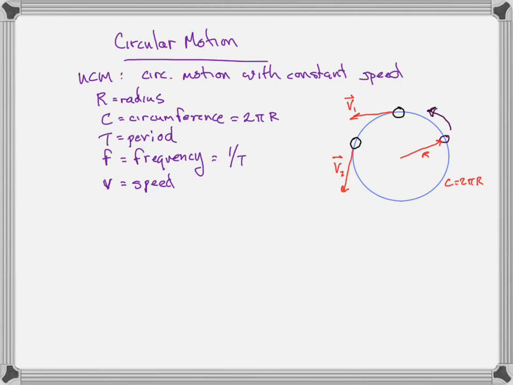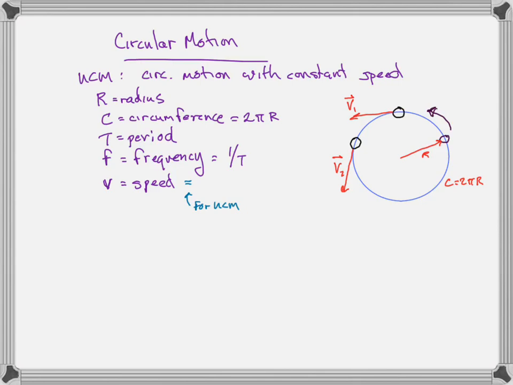So this is where we left off last time, but I did forget to define one thing, which I should have defined, and that is, what is the speed? In terms of the other variables, if we're going in uniform circular motion, so for UCM, the speed is not changing. So we can just take the total distance over the total time, right?